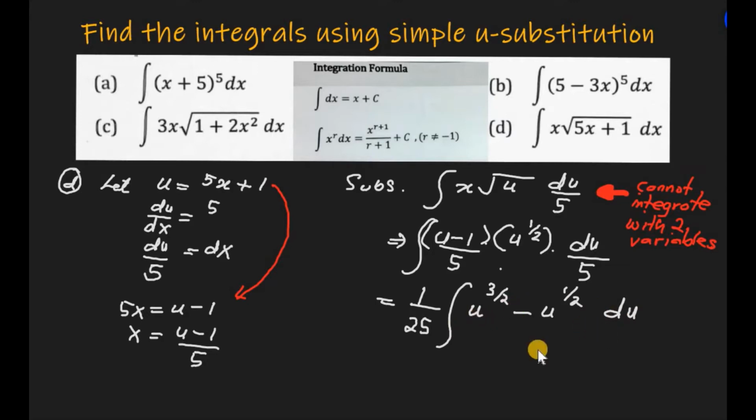Alright, so up to this level, can we integrate? Yes, you can, because there is only one variable. So let's integrate. Help me. So we integrate now. Okay. So check my work. Okay, 1 on 25. Write down back the constant, and here we have to use this basic formula, x power r. So u power 3 on 2 plus 1, plus 2 on 2, which is 5 over 2, over 5 over 2.